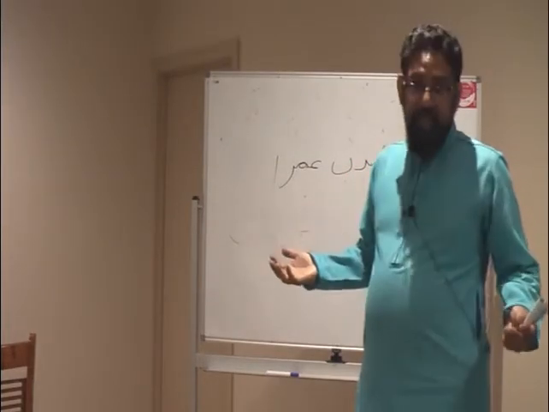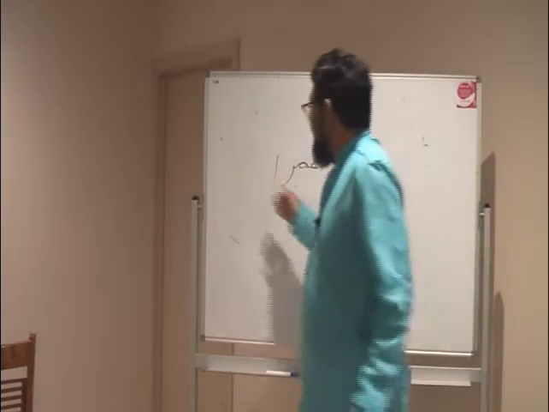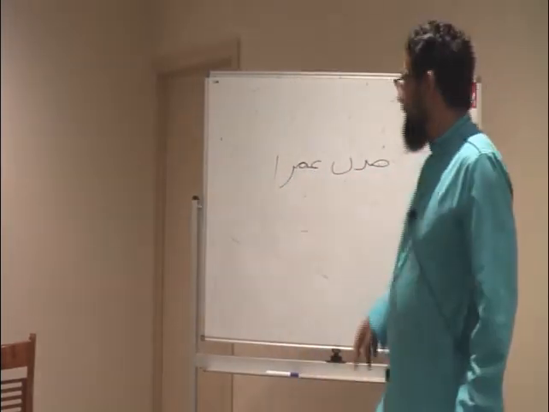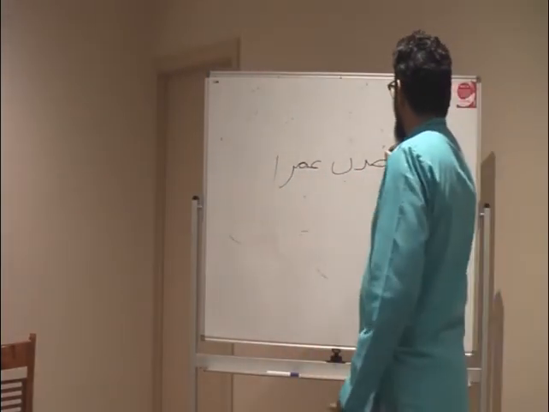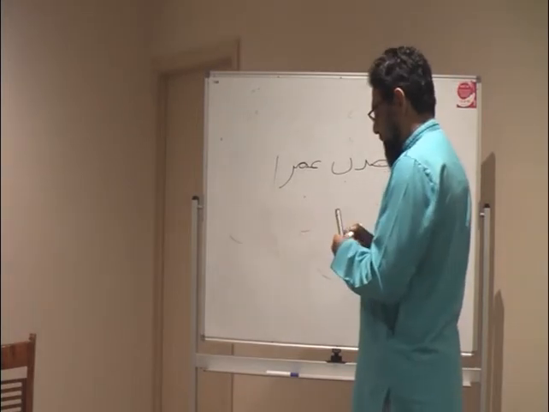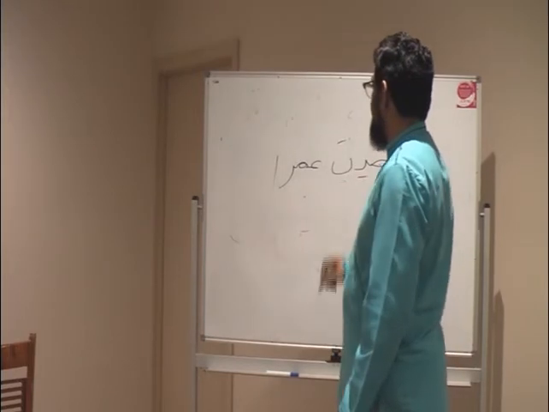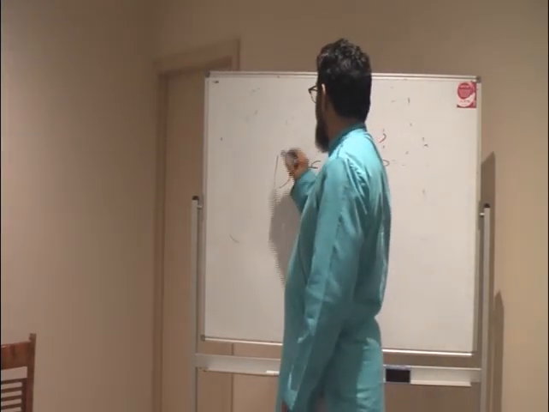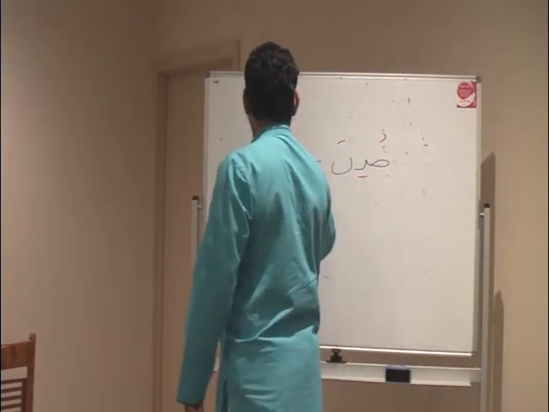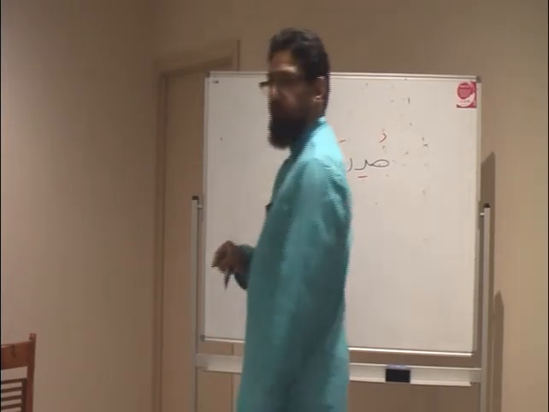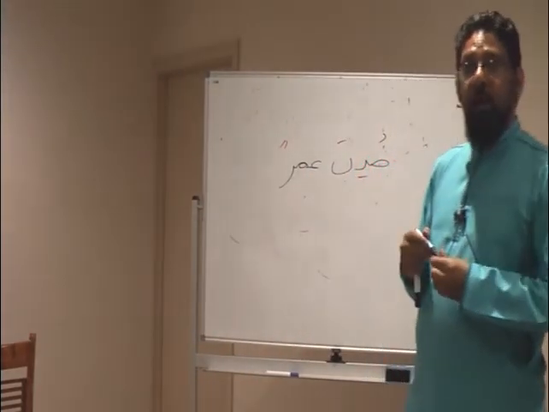So Amr was hit. You could say it was hit by such and such person. So here, daraba actually changes to doriba, and you have doriba amrun. It's not amran.